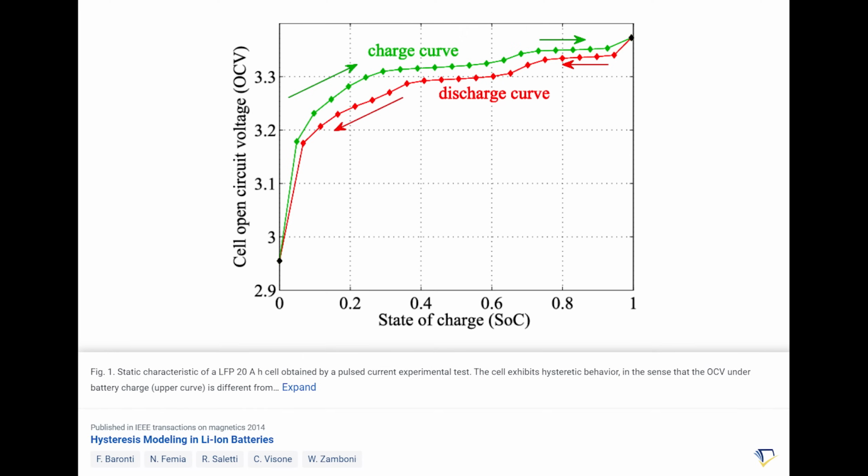Maybe you remember from school physics that you get this BH curve for a magnetic material. With lithium iron phosphate, you get a different voltage depending on whether you're charging or discharging. So there's a gap between the charge and discharge voltage at zero current. This gap doesn't go away, even if you take the current away and wait for a while.